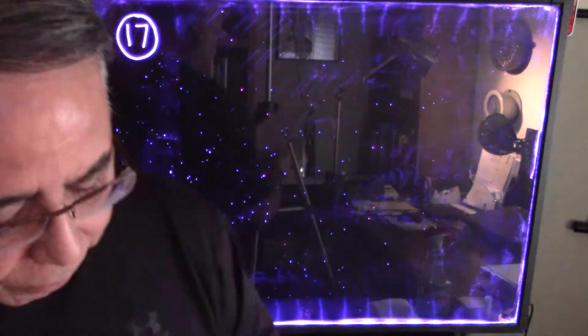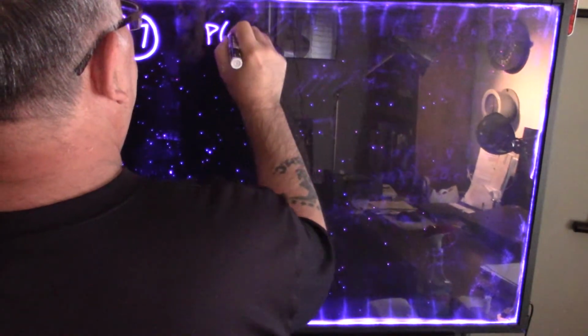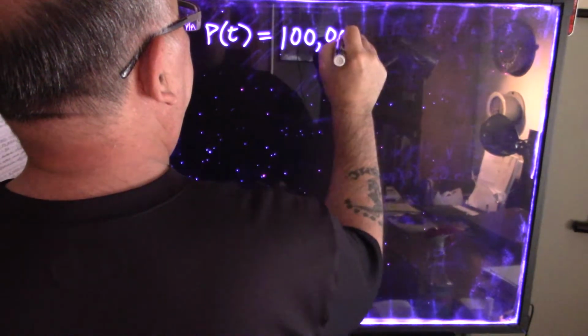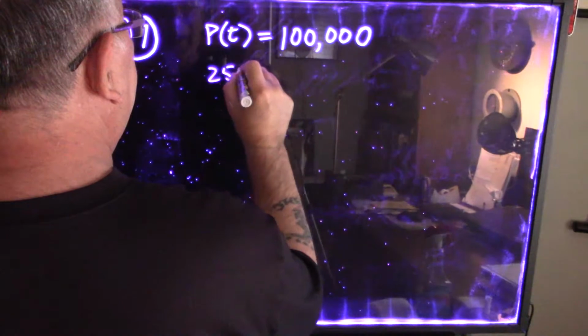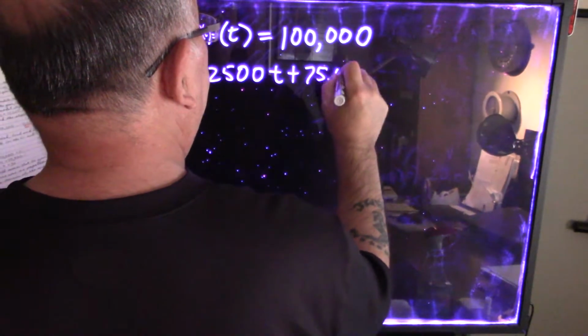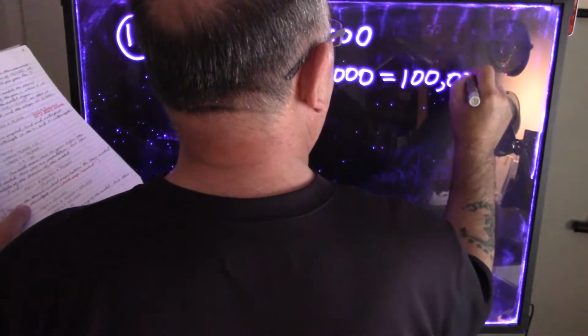Number 17. When will the output reach 100,000? So you set P of t equal to 100,000 and solve for t. So that's 2,500 t plus 75,000 equals 100,000.